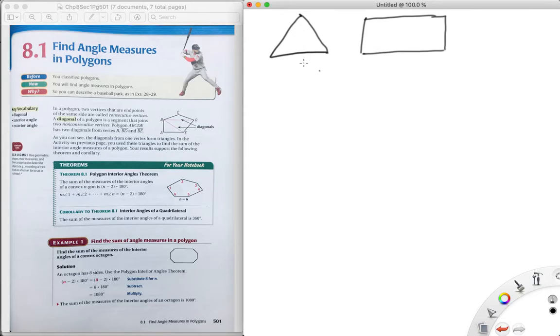Pentagon. Remember, pentagon has 5 sides. That's good enough.